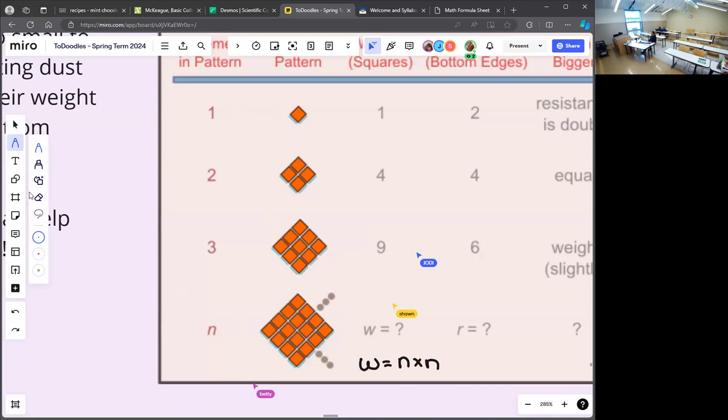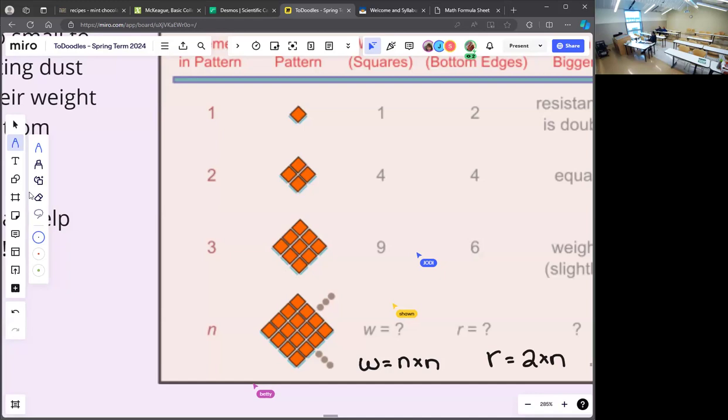How many bottom edges are there? That's just twice the row, right? Twice 1, because left and right. Or twice 2, because it's left and right. Or twice 3, because it's left and right. So the air resistance is just double the row.